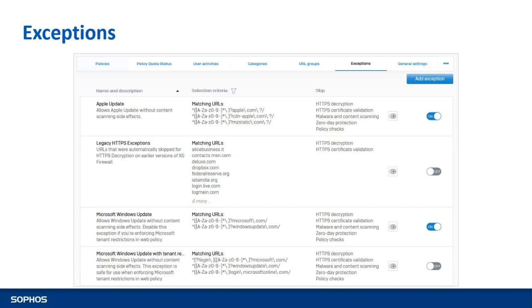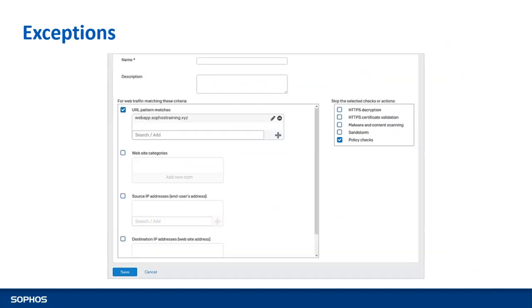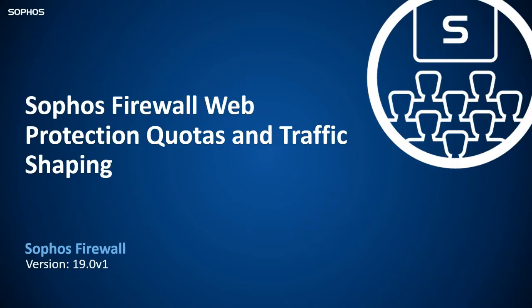There are a few predefined exceptions already in the firewall, and more can be created at the administrator's discretion. Okay, it is important to note that exceptions apply to all web protection policies, no matter where they are applied in the firewall. The exceptions can be matched on any combination of URL patterns, website categories, source IP addresses, and destination IP addresses.